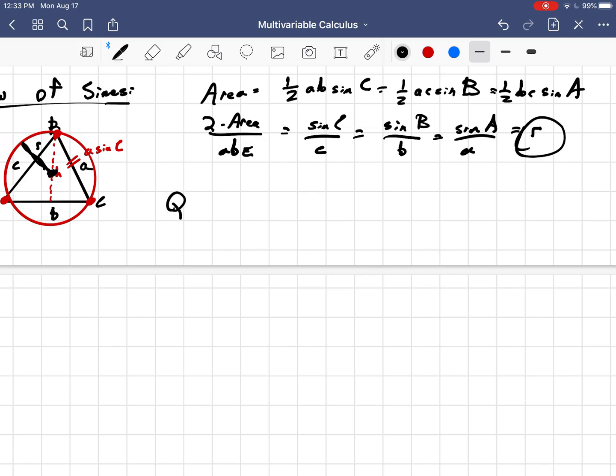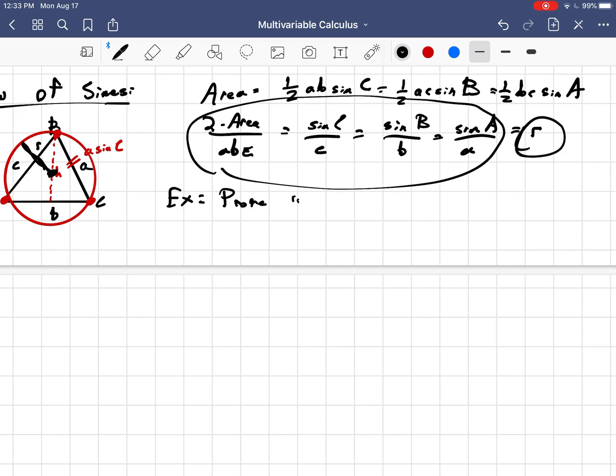So, this isn't really a question, but an exercise: prove that all of this stuff is also equal to r, the radius of the circumcircle. And I think that would be a good place to stop for this video.